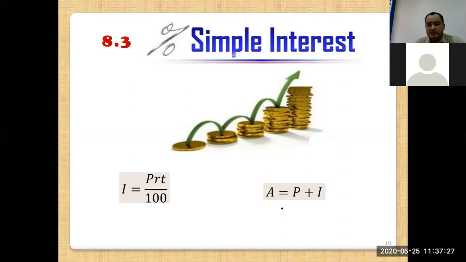Now we are going to talk about simple interest. When we say interest, the first thing that comes to our mind is banks, right? When you deposit money into a bank, you receive interest for allowing the bank to use your money. And similarly, when you borrow money from the bank, you must pay a certain interest for using its money.